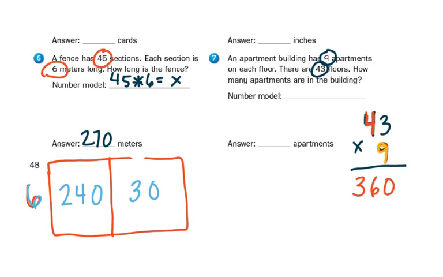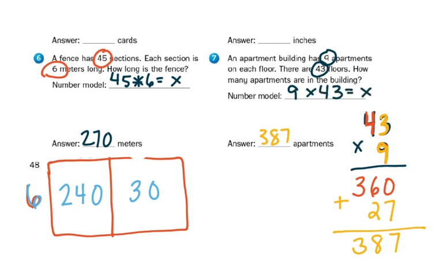Now we'll take the 9 times the value of the 3, which is just 3. 9 times 3 is 27. Add those two together. 0 plus 7 is 7. 6 plus 2 is 8. Bring your 3 down. There are 387 apartments. Let's go ahead and write an equation. 9 apartments times 43 floors gives us what we are solving for.